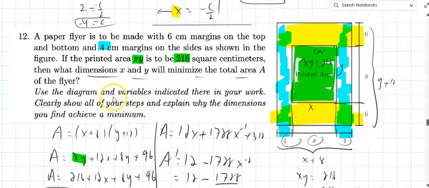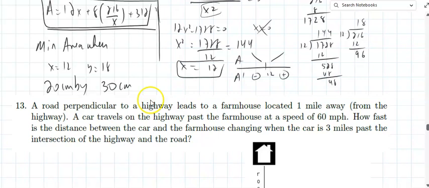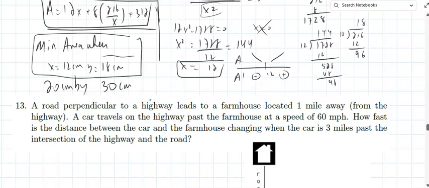Yeah, but it says what dimensions of x and y. That would be the answer right there. If they would say find the total area, you multiply those two together. But that's the answer, 12 and 18.